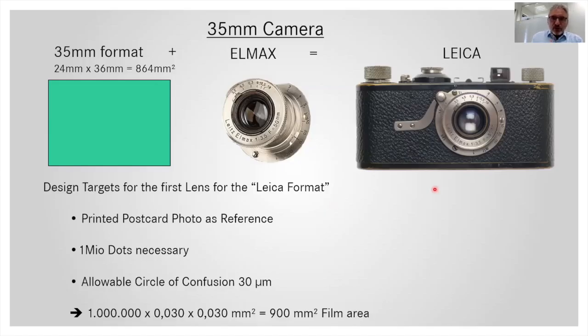Why do I show this? So pixel counting is not new, because they counted the pixels or the dots at that time. So still today, we need to count pixels. The second is that the depth of focus tables you see today are still based on the circle of confusion 30 micron.